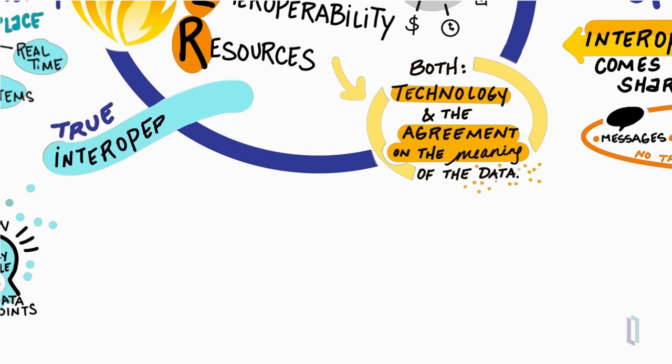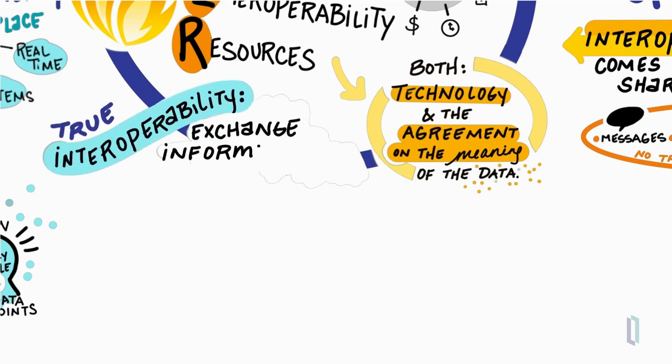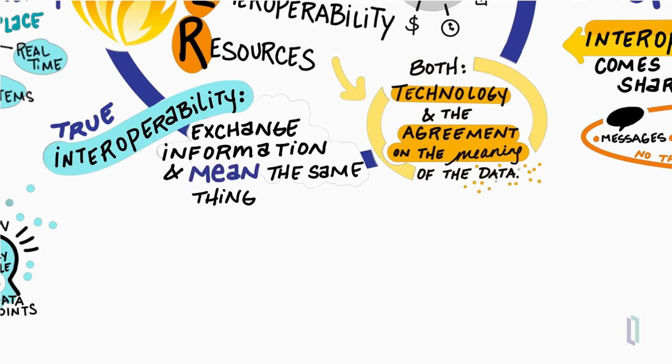So we say that true interoperability is when we exchange data and we mean the same thing. But that doesn't really refer to humans meaning the same thing, but rather to systems meaning the same thing. Humans are pretty good at figuring out what another human means.